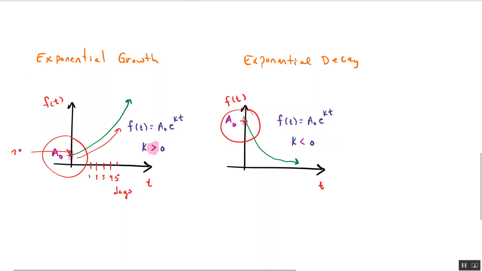But there's a number there that tells you how much is present. And then as time starts ticking, we'll do this in maybe years. As time moves forward, the amount of radioactive decay decreases. So it goes down as you move to the right. The graph drops as you move to the right. We also know this is the decay because the k value is going to be a negative value.